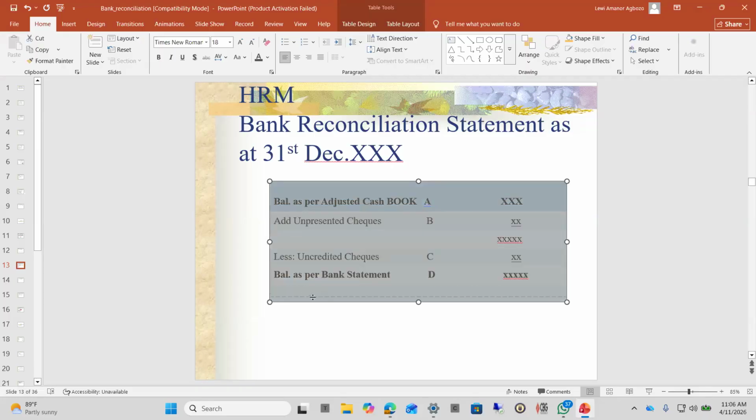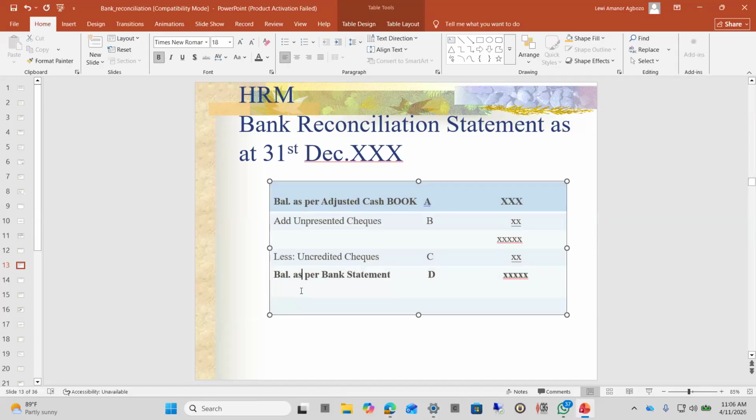Right now, what we have on this one is A plus B minus C equals D. Is that not what is showing here?